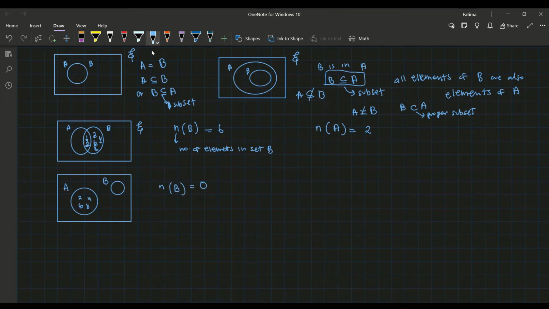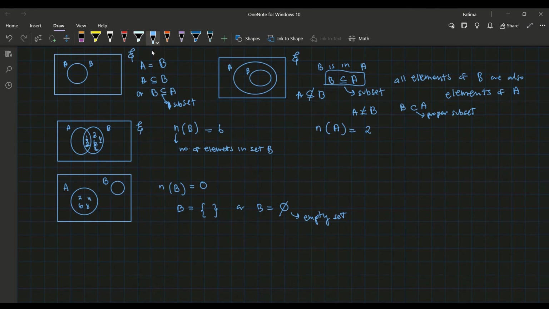So if we were asked to write the elements of B, we put a curly bracket with nothing in between, or we could write it as this, which is basically a 0 with a slash through it. This means that B is an empty set. It means B does not contain any elements.